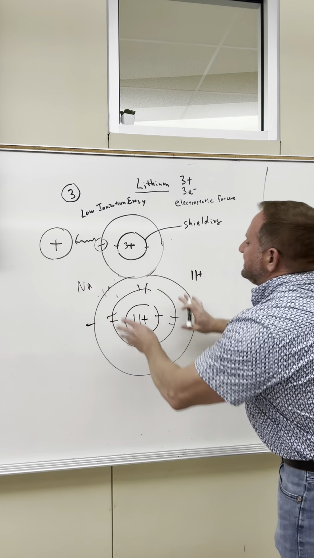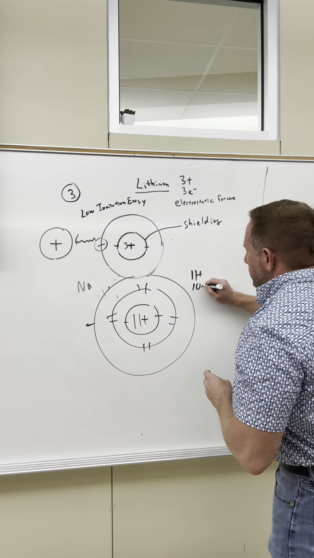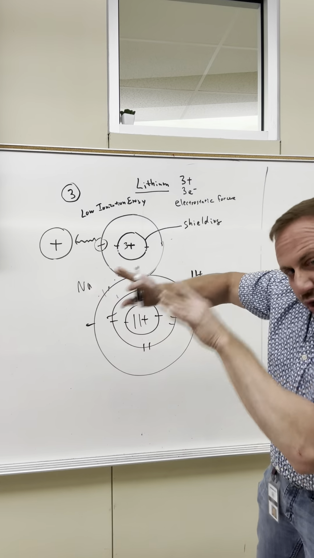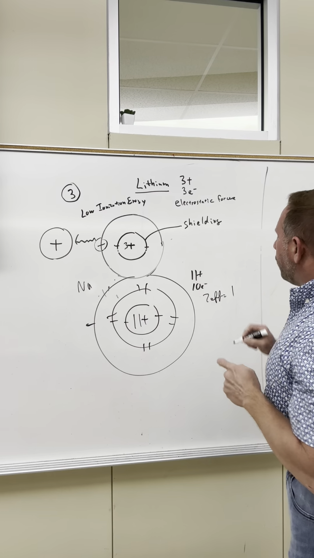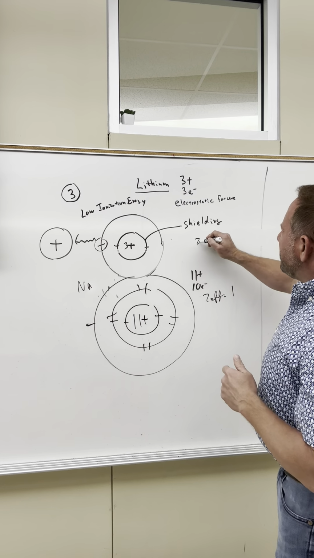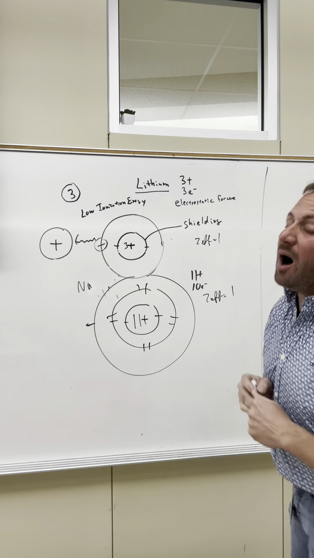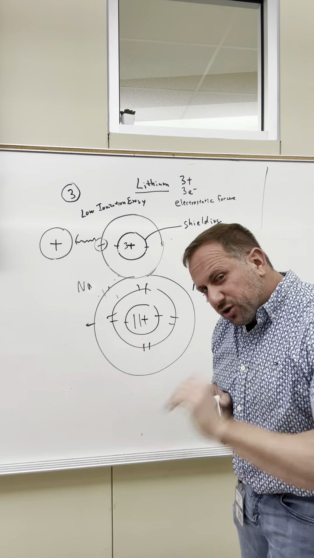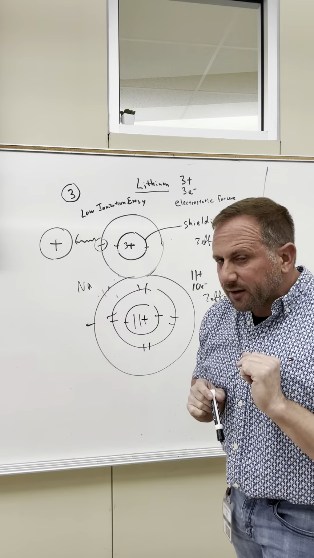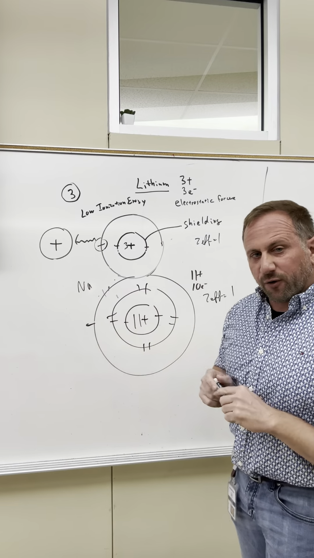We've got 10 shielding electrons, 10 pusher-outers. So we still have a Zeph of a 1. They have the same Zeph, but guess what? Sodium's more reactive. Sodium's ionization energy is even lower. And why is that? Because the distance is farther.